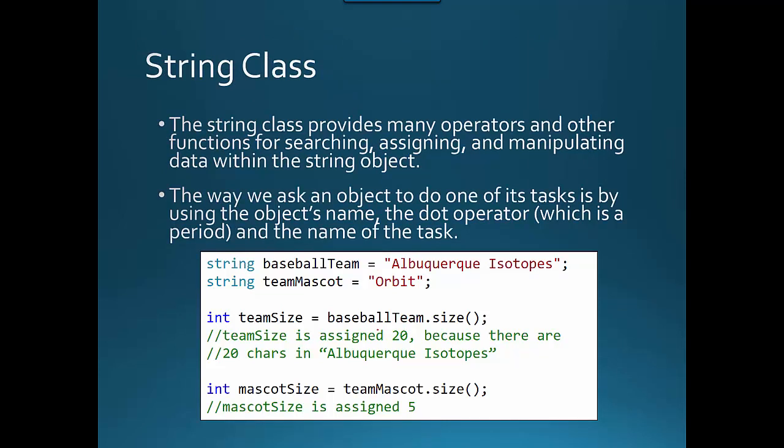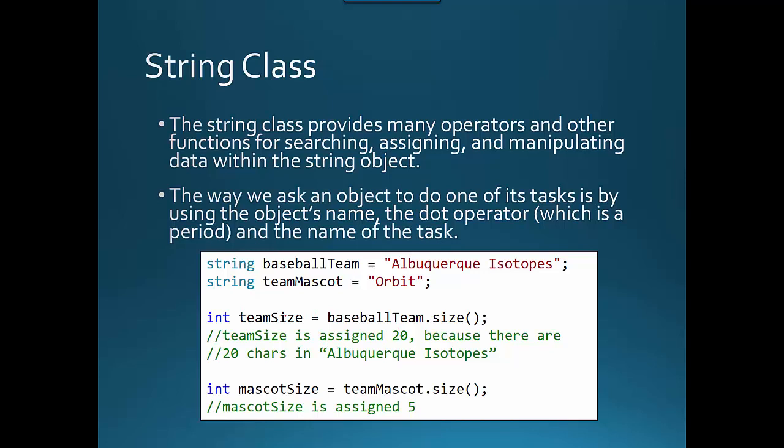The way we use them is if you declare a variable and assign something to that variable. For example, here we have Albuquerque Isotopes being assigned into the baseball team and Orbit being assigned into the variable team mascot. If you put a dot after that variable, you get access to some functions which apply only to strings. In this case, size is a string function which tells you how many characters are in there.